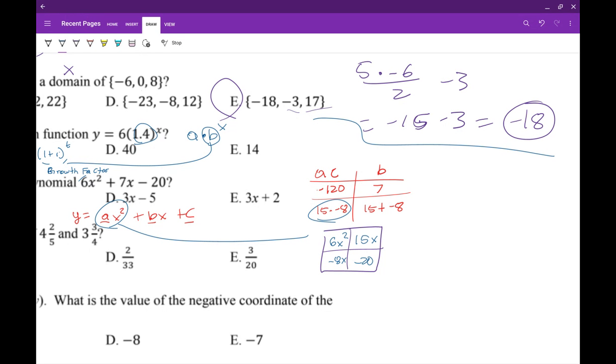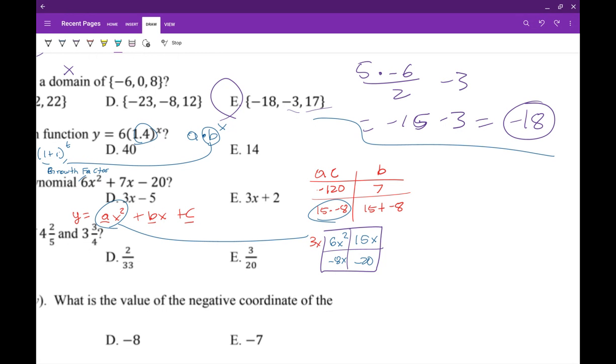So if we isolate that row, we're trying to pull out the greatest common factor. In this case, the greatest common factor of 6x squared and 15x is going to be 3x. Now, if we look at this row, what's going to be the greatest common factor?